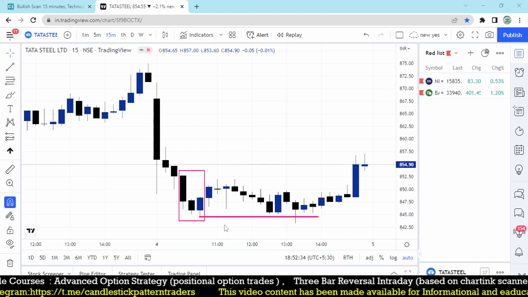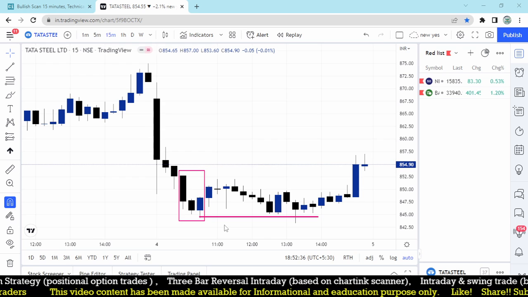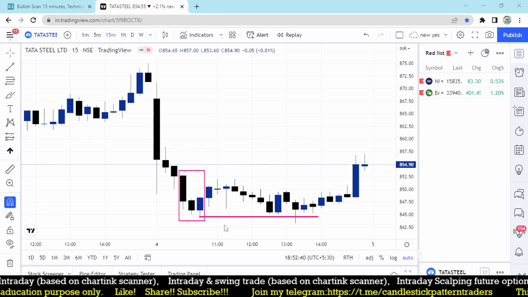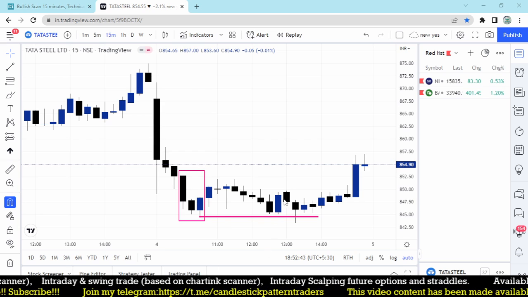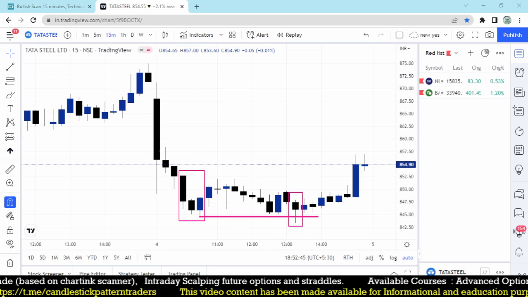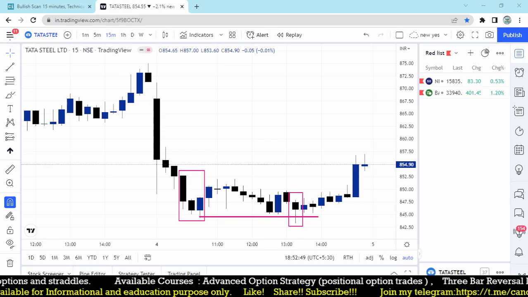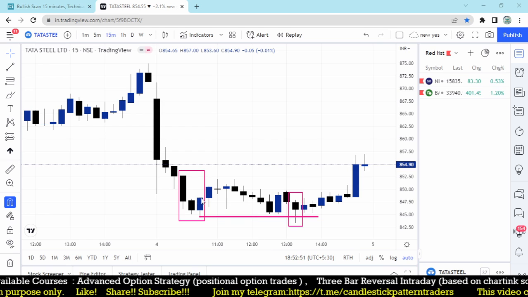But if it is broken down, the stock does not satisfy your condition at this point, so it may be removed from your scanner. So you should understand that first.